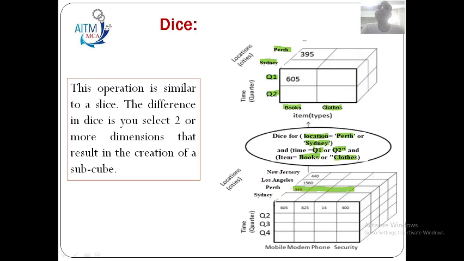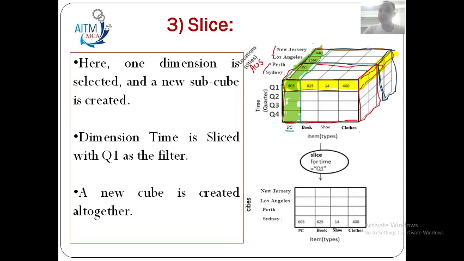Got it? Because it is again a small dice, it is a cube. This operation is similar to a slice. The difference in the dice is you selected 2 or more dimensions. Here we took 2 dimensions.